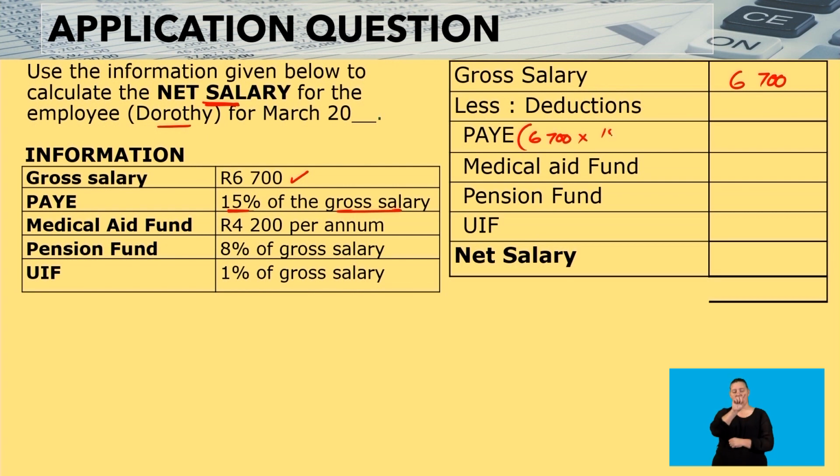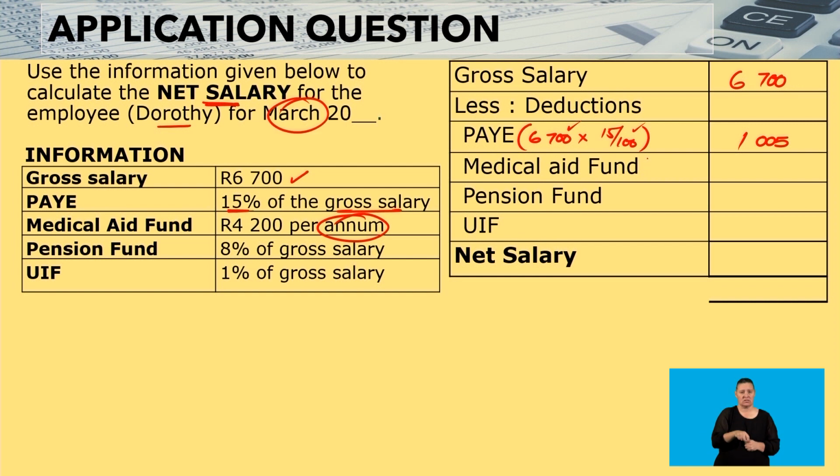I'll calculate 15%. Please punch that in your calculator. You have 6,700, which is your gross. Multiply that by 15%. You get 1,005. The next one is medical aid. They are telling us that it is 4,200 per annum, but we only want for March.